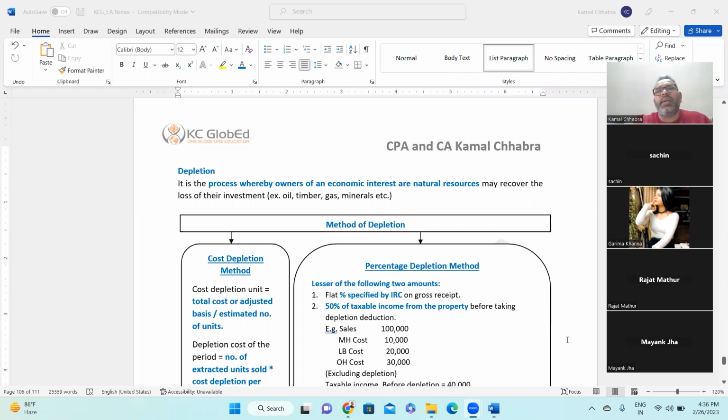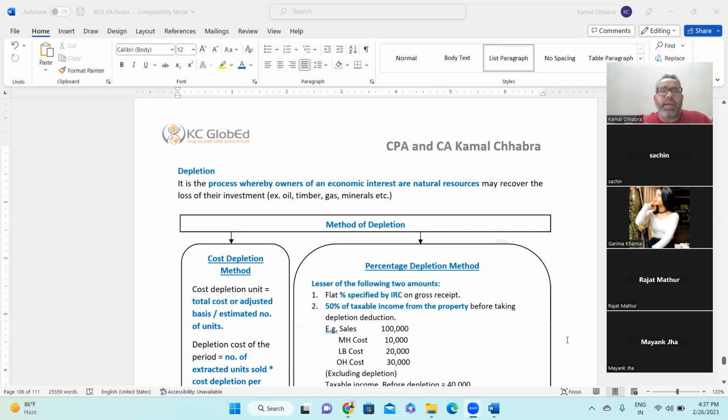So depletion is basically for natural resources like oil, gases, minerals, coal, or mining products.